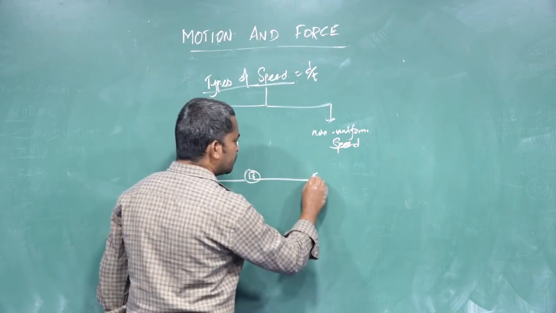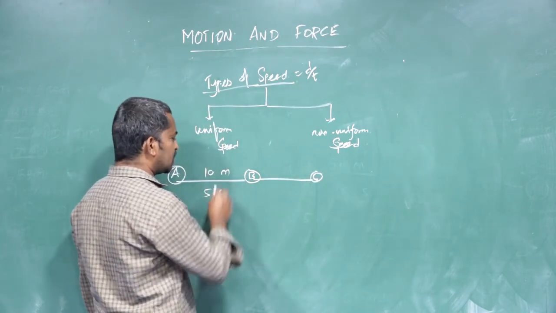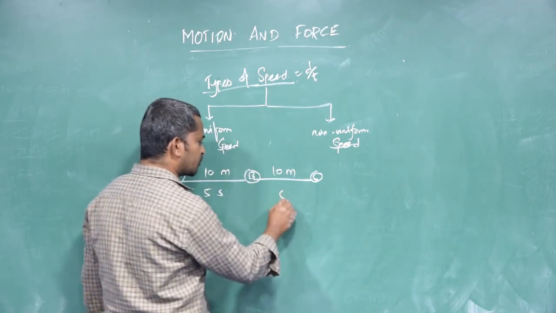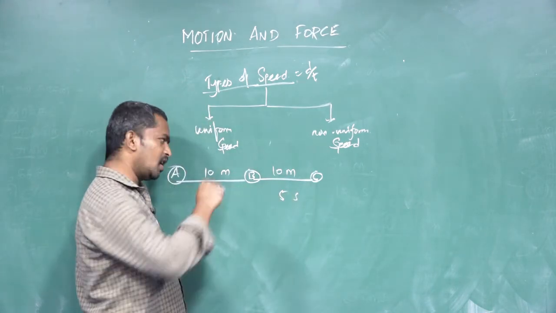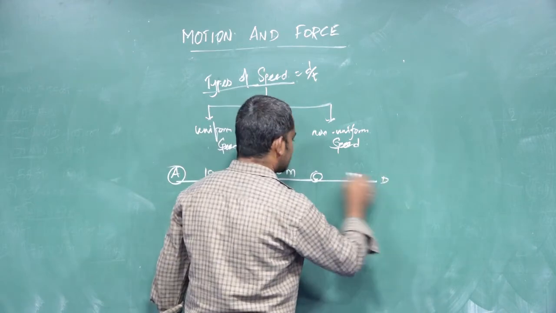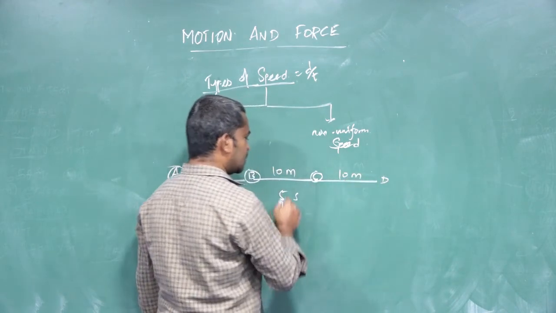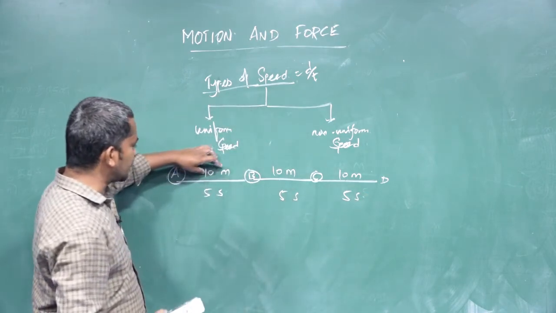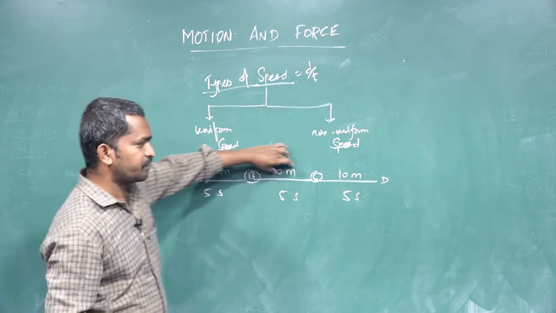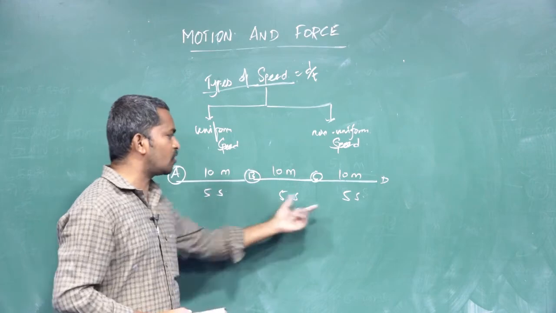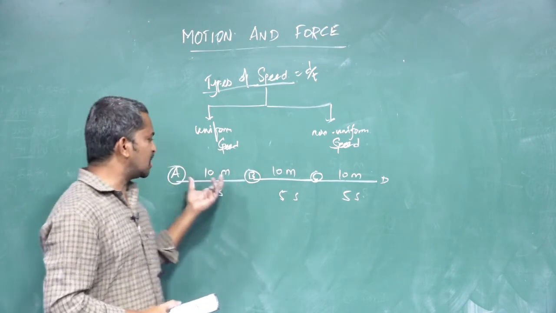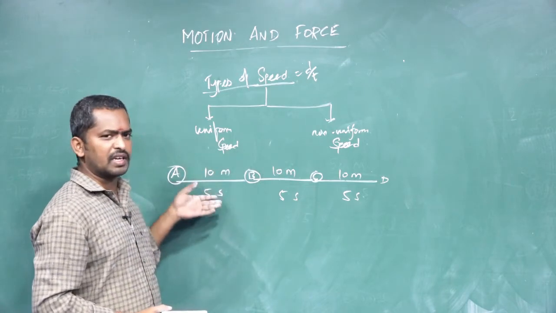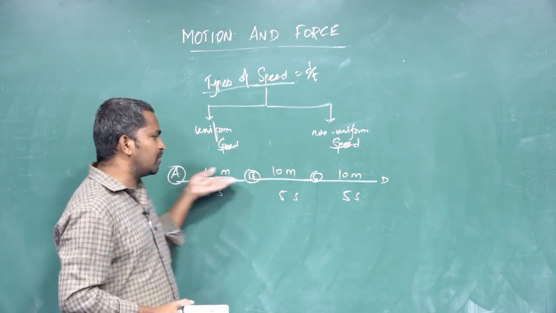Then from B to C, the same 10 meters in 5 seconds. Then from C to D, the same 10 meters in 5 seconds. So the object covers the same distance in equal intervals of time. The object should move uniformly.